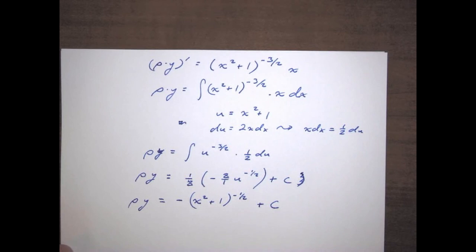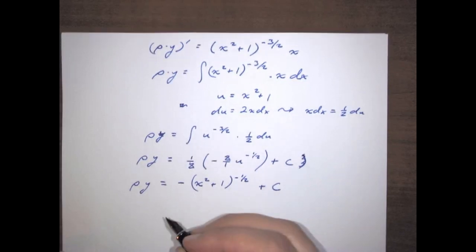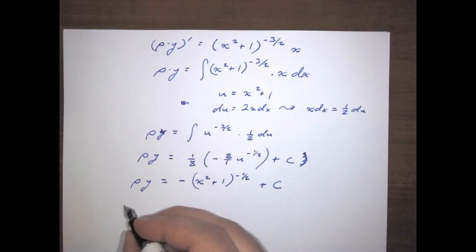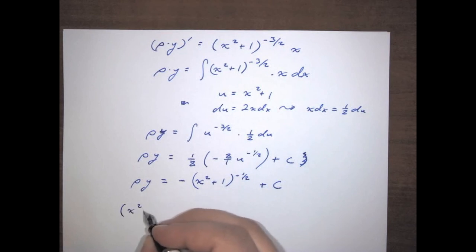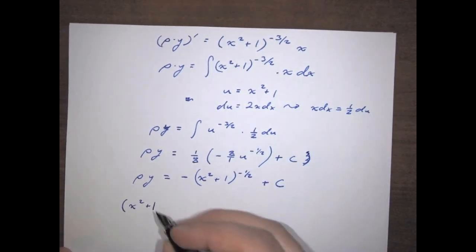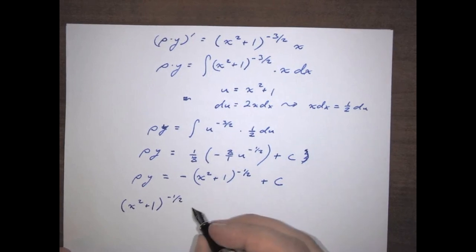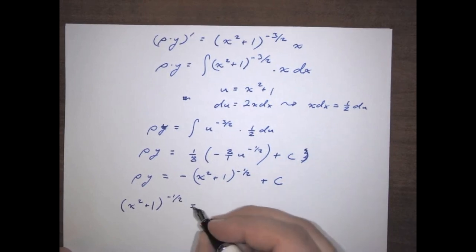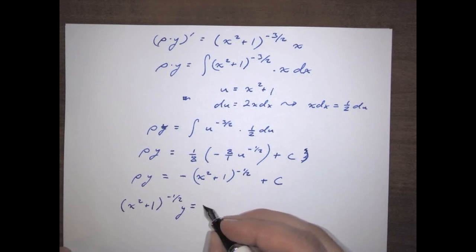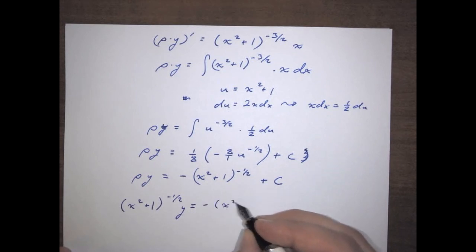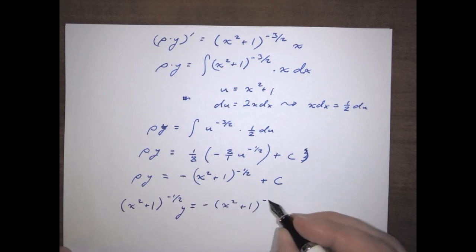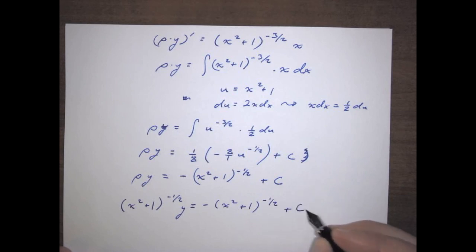But again, rho here was equal to basically this. So then what that means is that x squared plus 1 to the negative 1/2 times y is equal to negative x squared plus 1 to the negative 1/2 plus c.